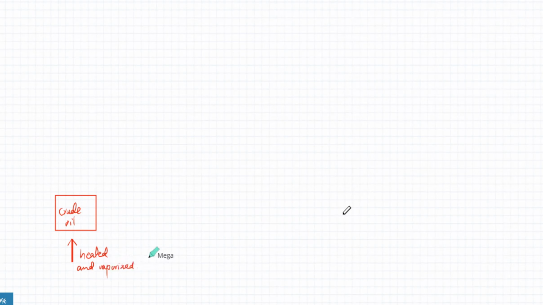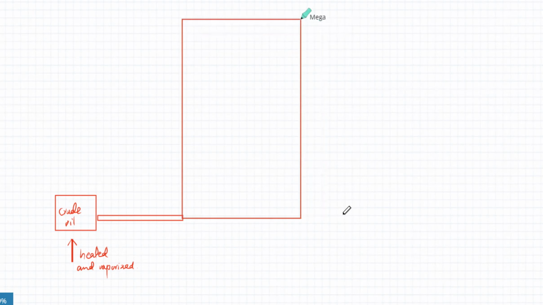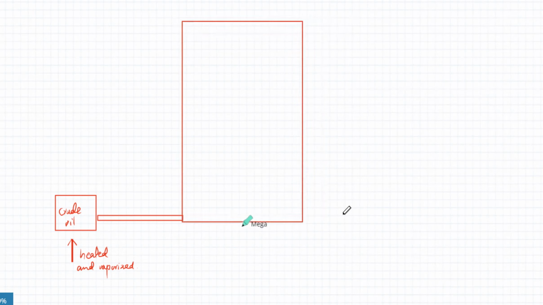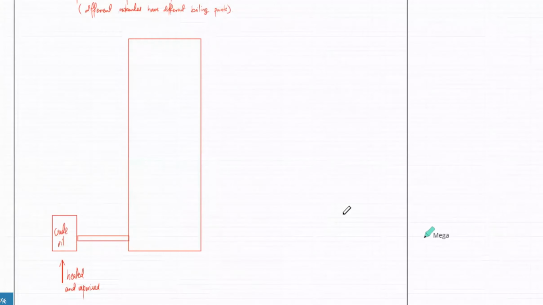Then the hot vapor, at very high temperatures, is passed into this fractionating column.